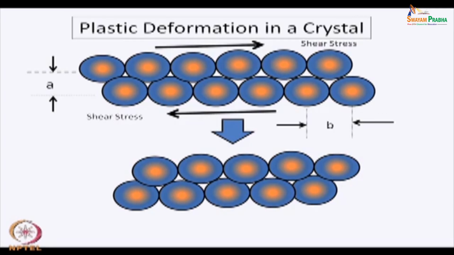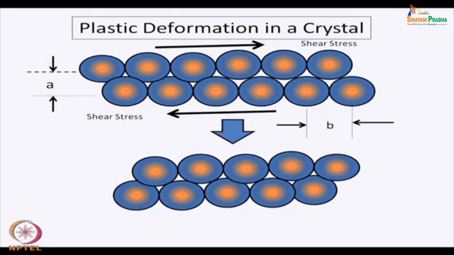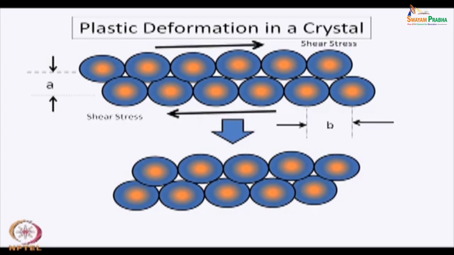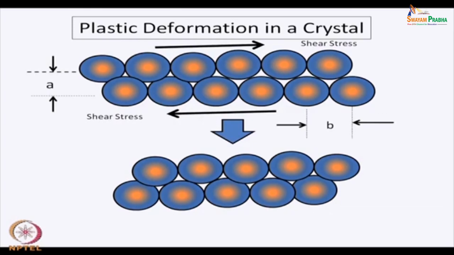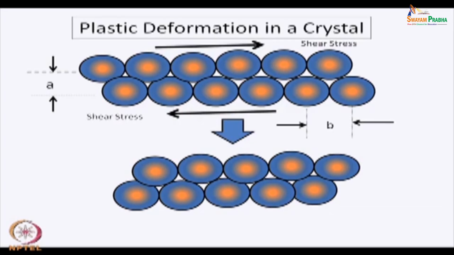So, initially there will be an increasing stress, you need more and more stress as you go up the hill. When you come down the hill, of course, you need less stress. So, you do not need a uniform stress to make a deformation in that crystal, or a relative movement of the two layers.